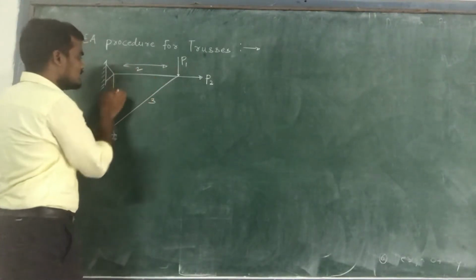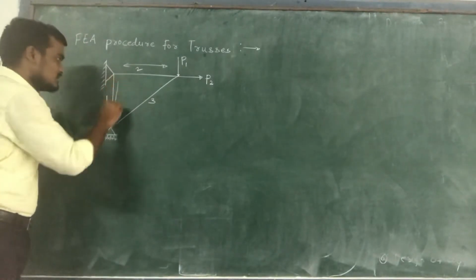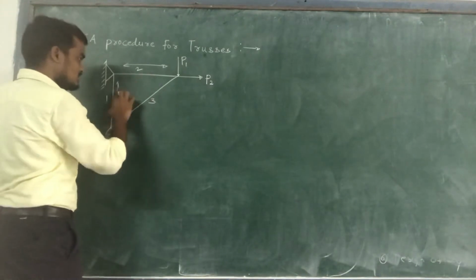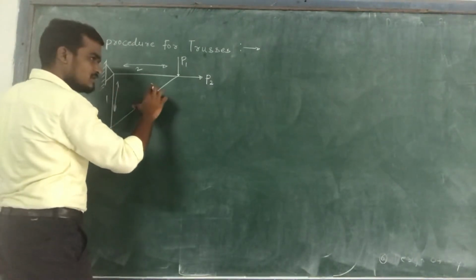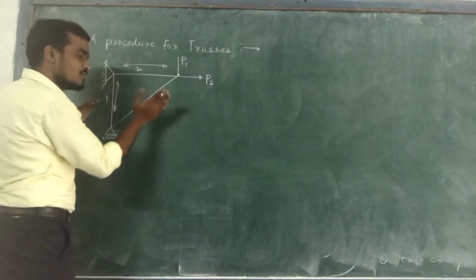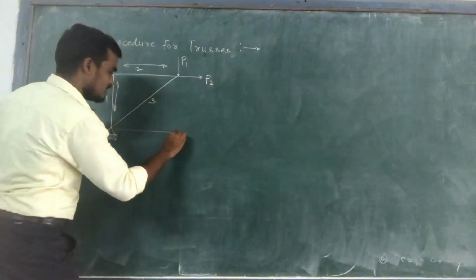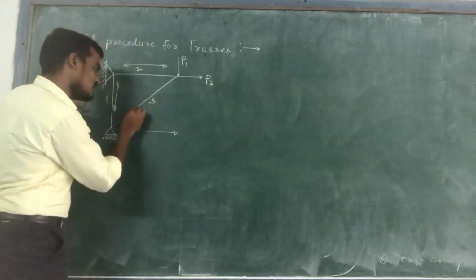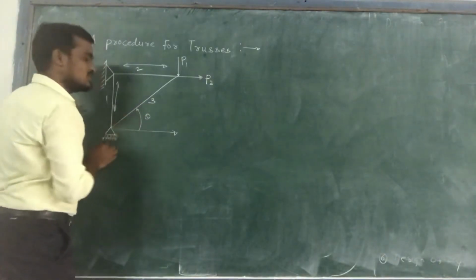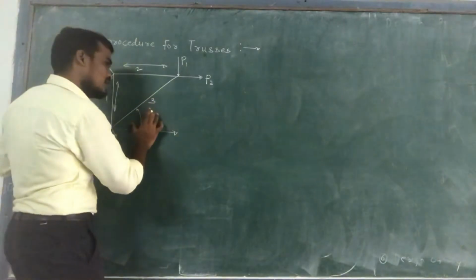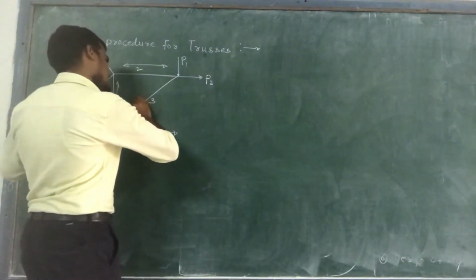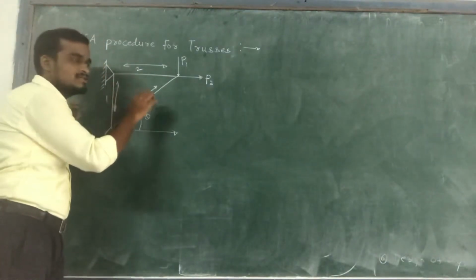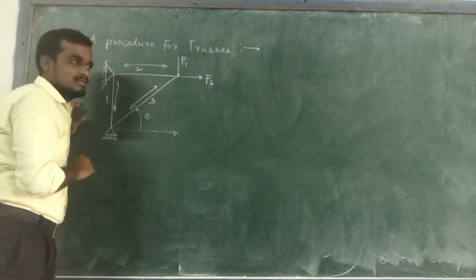For this member the axial direction is this, for this member it is like this. This one is horizontal, this is vertical, and this member is inclined. If we take this line as a reference line, then this member is at angle theta, so its axial direction is like that.